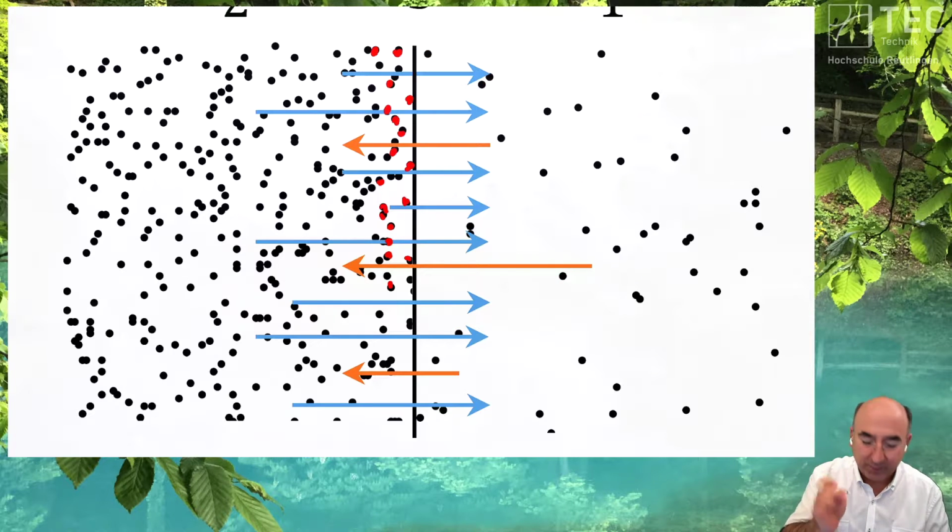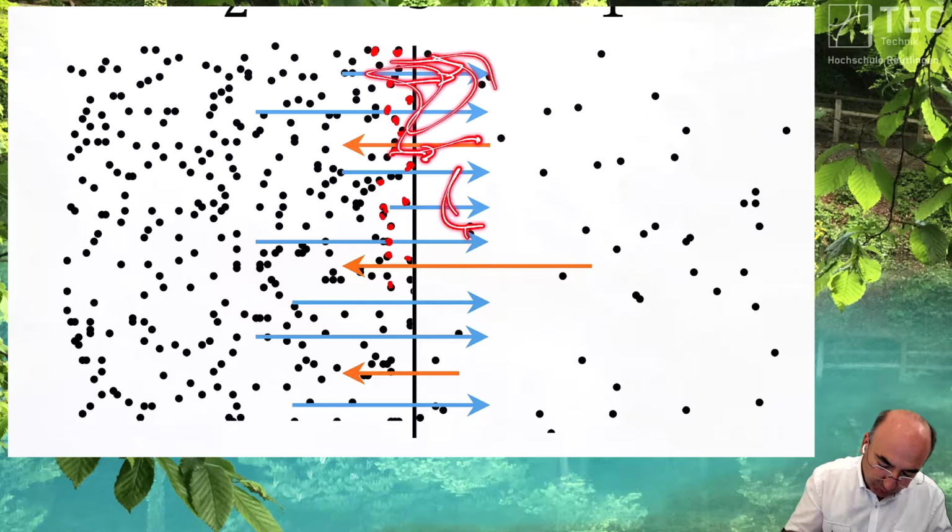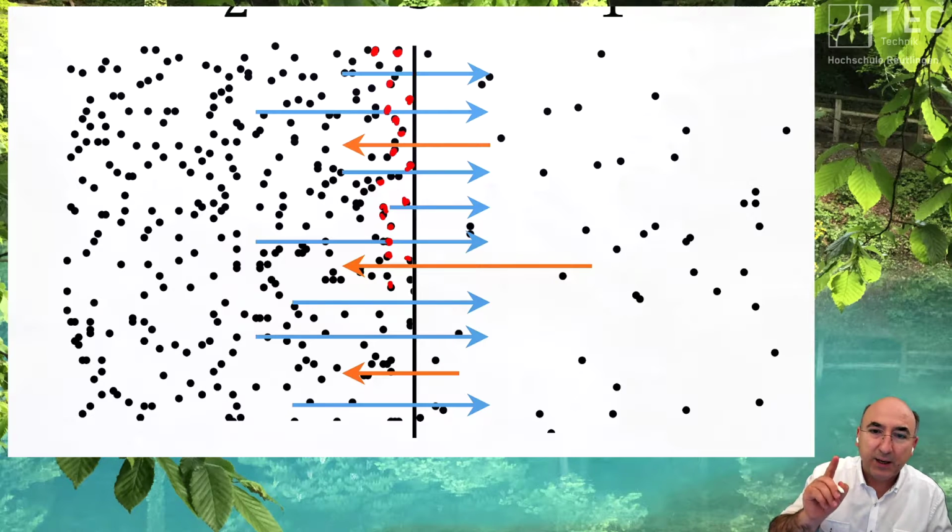So statistically, this movement results in more net movement to the right than the statistical net movement from these particles in this direction. I have indicated this higher probability with the blue arrows and the lower probability with the orange arrows. This means the diffusion is just a statistical result.